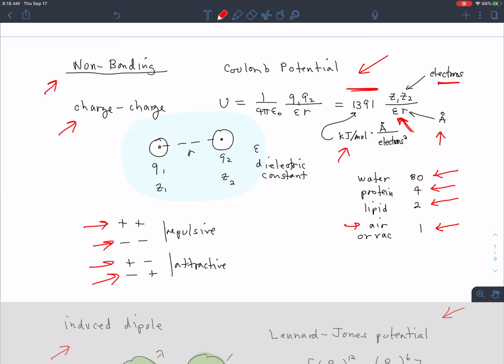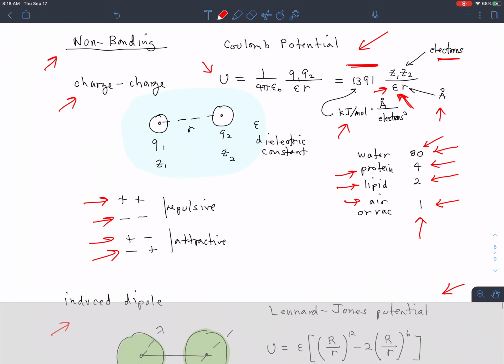Notice that given where the dielectric constant is in the formula, the more hydrophilic or more polar the environment is, the weaker the Coulomb interaction or charge-charge interaction is. It's 80 times weaker in water than it would be in air. And it's weaker even in protein than it would be in air, and even in lipid than it would be in air.